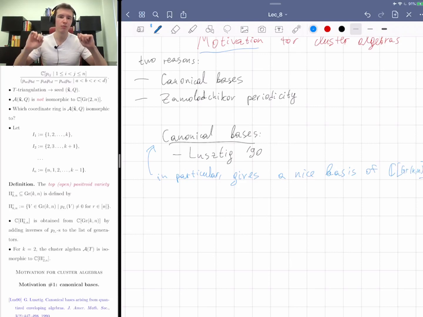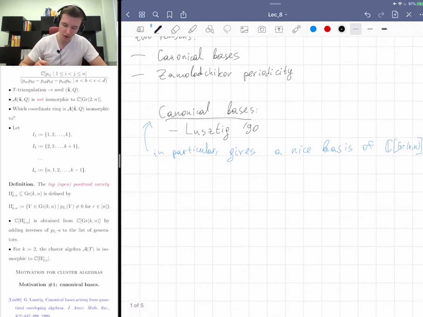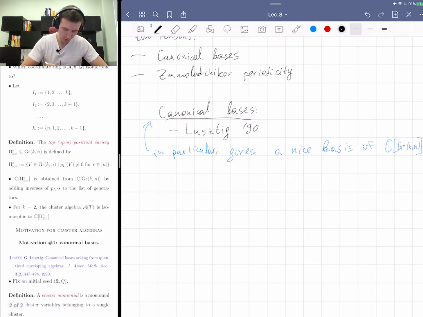All these coordinate rings of the Grassmannian and the flag variety can be identified with certain representations, and then Lusztig gives the canonical basis. And so how do you get a basis from a cluster algebra? Let me actually mention a nice conjecture here.